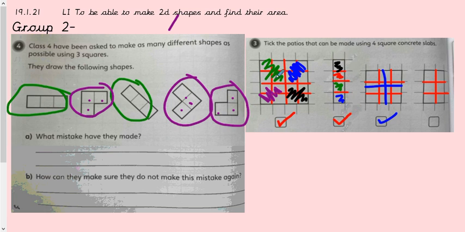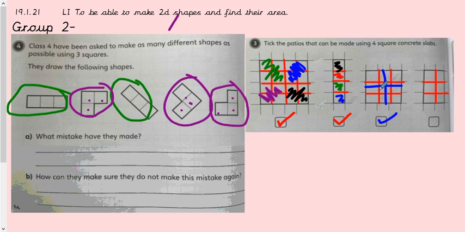But then I looked at this one and I thought, actually, if you divide it up into all these squares, you've got a square here, because 4 squares make one big square, one here, and one here. So actually you could fit 4 squares in this shape as well, just not these little ones, because it doesn't say what size the squares are. It just says 4 square concrete slabs, and actually if the square slabs are this big, then you could fit 4 in. So I took that one as well.